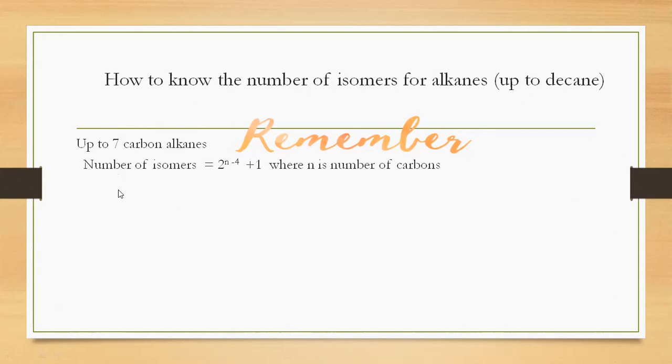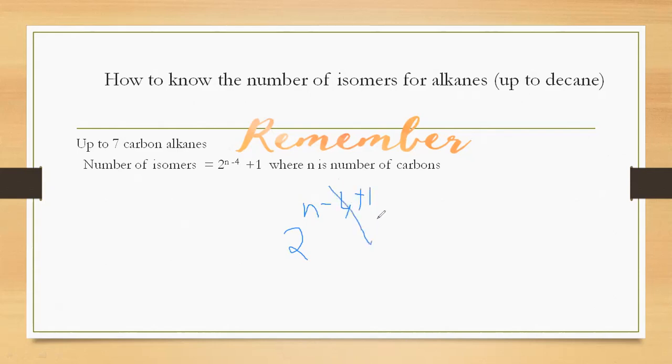See, the formula says the number of possible isomers for the alkanes is equal to 2 to the power (n minus 4) plus 1. And remember, don't put this plus 1 in the power.